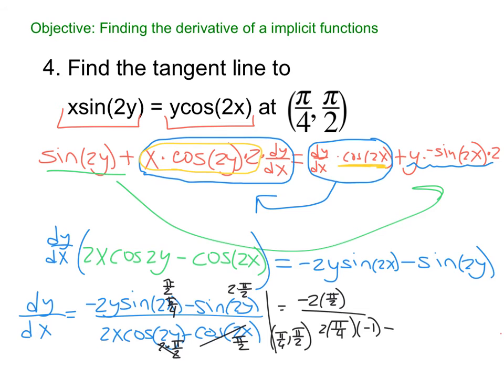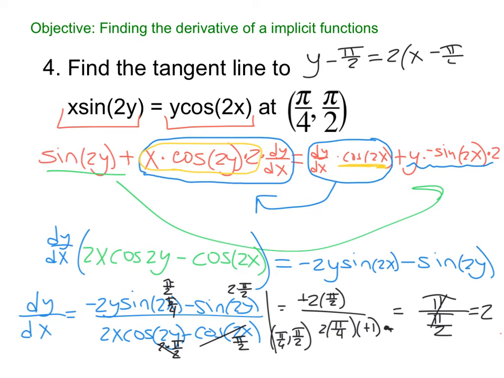So that also is 0. So this is our slope. So we get, let's see, the negatives go away. So I got pi on top and pi over 2 on the bottom. So the pi's cancel and we get 2. Wow, all that and our slope is 2? Seriously? y minus pi over 2 equals 2 times x minus pi over 4. That problem's rough. This was hard.